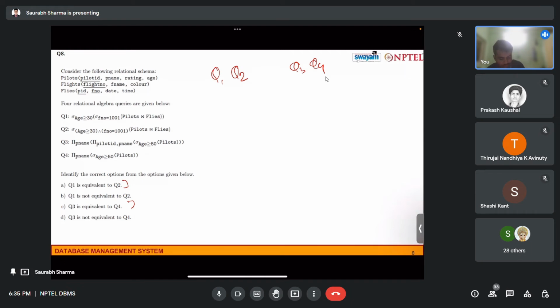From first to second, if we perform this operation, a select operation inside a select operation, these conditions get combined.